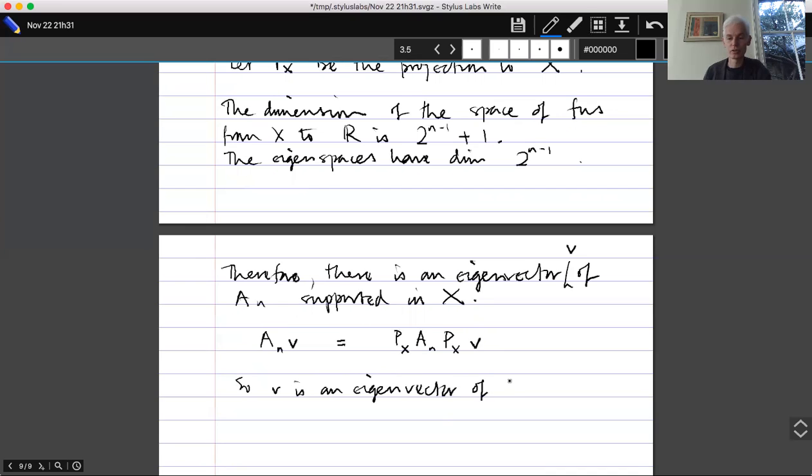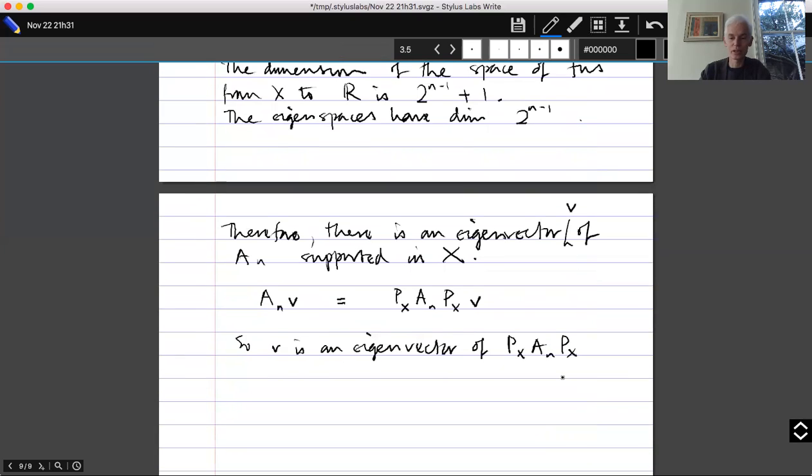of P_X A_n P_X. But what is P_X A_n P_X? It's just taking the matrix of A_n, and then taking out the rows that belong to X and the columns that belong to X, and just restricting to those.